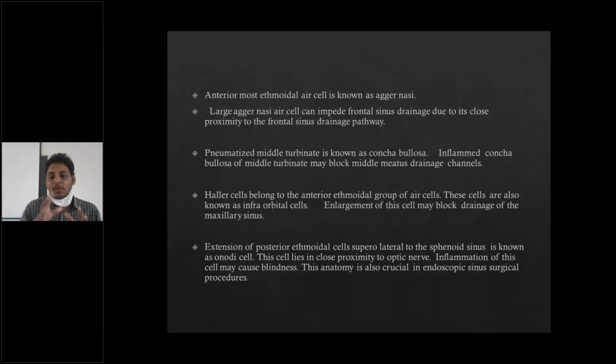But if there is pneumatization of the ethmoid cell into the sphenoid sinus, an Onodi cell will be present as we discussed, and the optic nerve will come into proximity to the Onodi cell and not the sphenoid sinus. As the Onodi cell is a posterior ethmoid cell which is more anterior compared to the sphenoid sinus, during functional endoscopic sinus surgery we should be very cautious about the presence of an Onodi cell.